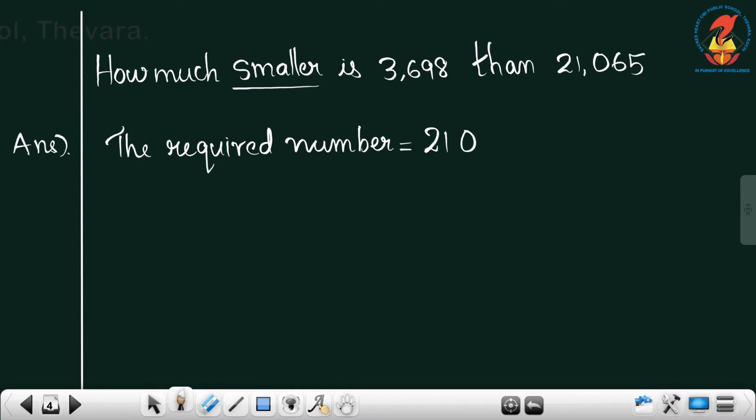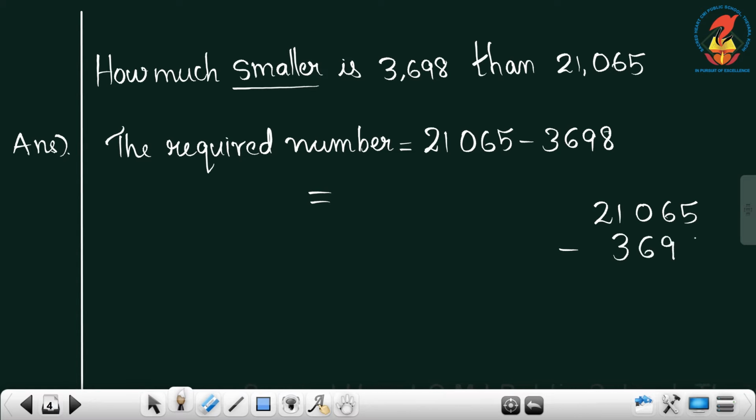So, 21,065 minus 3,698. 5 minus 8, it is not possible. So, borrow from this number, that number becomes 5, this becomes 15. So, after 8, you count till 15, answer is 7.